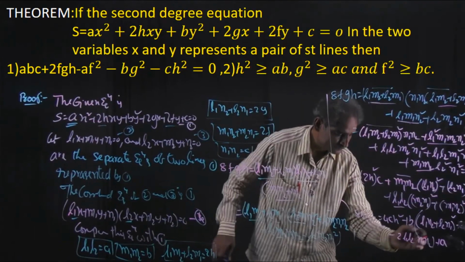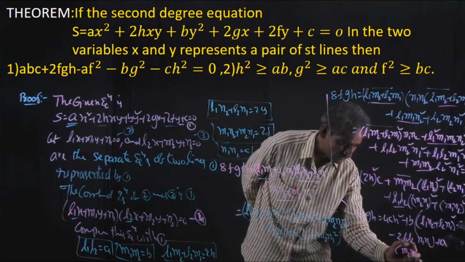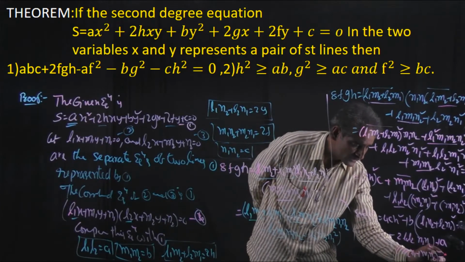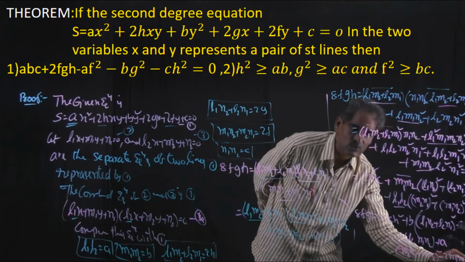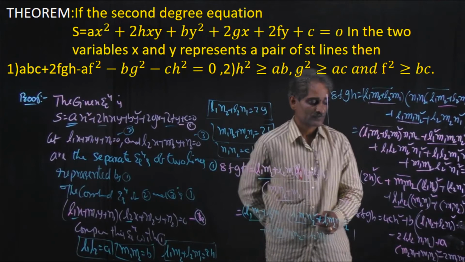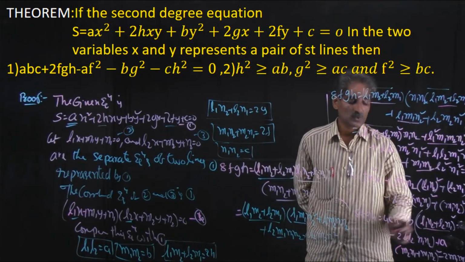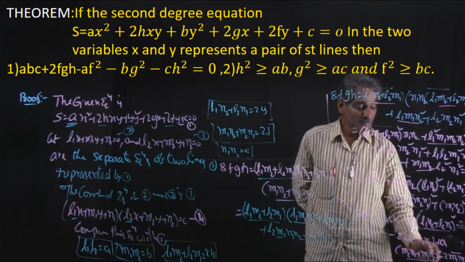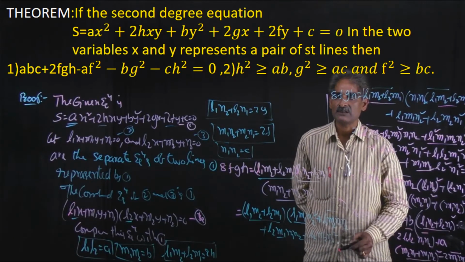That means A into M2 N1 plus M1 N2 whole square minus 2 M1 M2 N1 N2. So now write down the values for this. This is nothing but 2G, this is nothing but 2F, this is nothing but B, this is nothing but C, this is nothing but A, this is nothing but C.